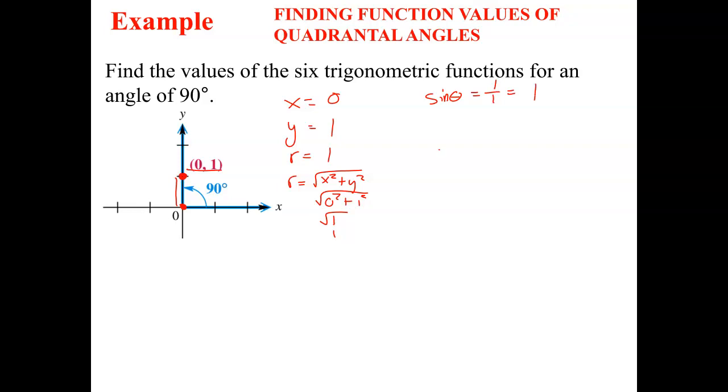Cosine. x over r, 0 over 1, which equals what? 0. And tangent. 1 over 0. Not 1. Not 0. Undefined. Okay? So now we have a value that's undefined. Tangent is undefined at 90 degrees.